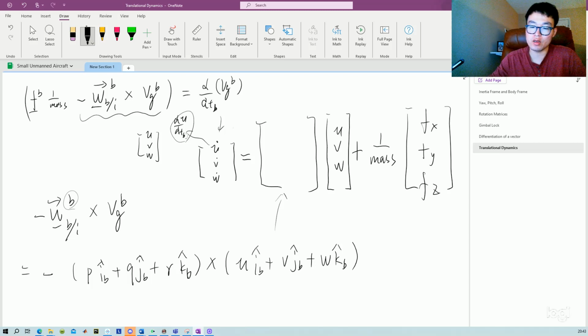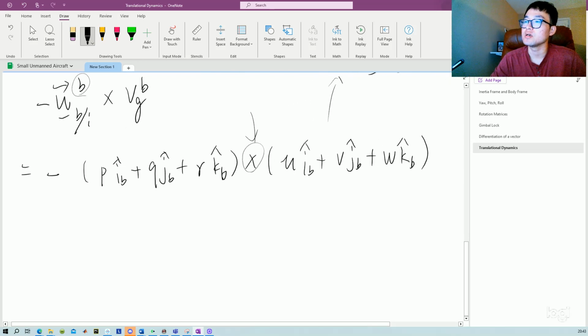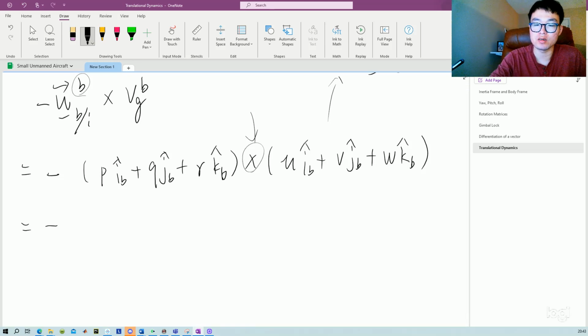So they are all in the body frame. And then we apply something called the cross product. I have a video reviewing the cross product as well, but essentially we have to compute the cross product in 3 dimensions, and there's a quick way to do that.